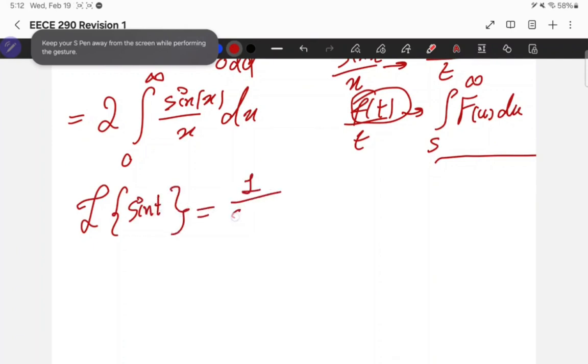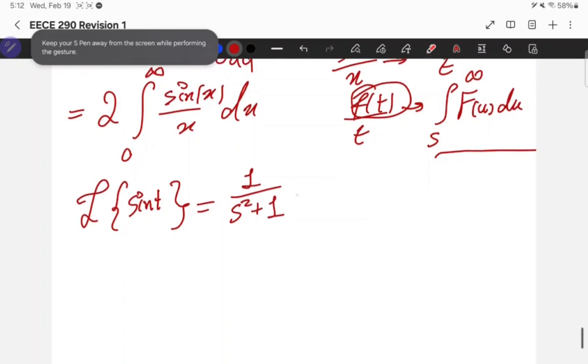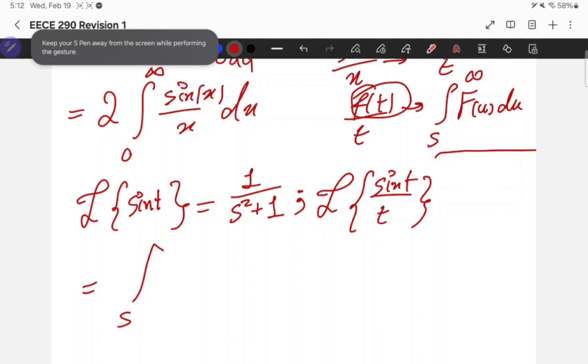Intuitively, this is 1 over s squared plus 1. This is easy to show. Now, this is Laplace of sine t. The Laplace of sine t over t is equal to the integral from s to infinity of f of u, which is this, 1 over u squared plus 1 du.